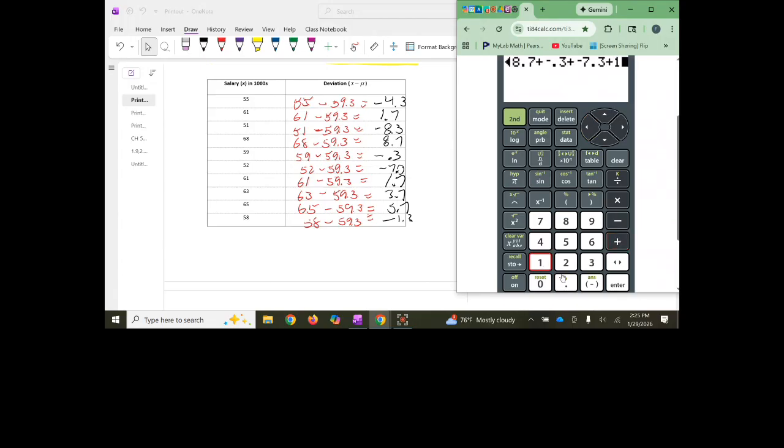Plus 1.7 plus 3.7. Okay. Plus one more, negative 1.3.